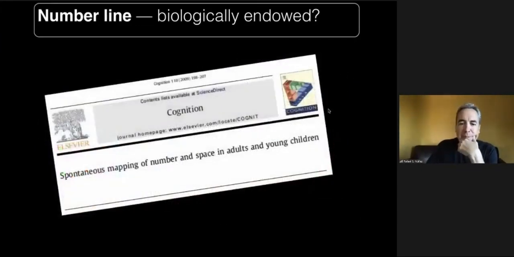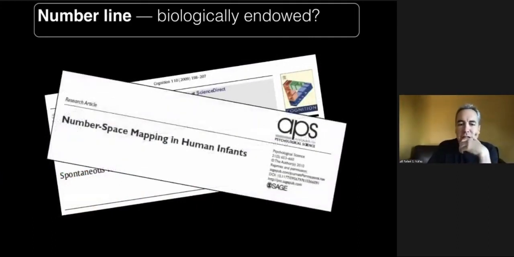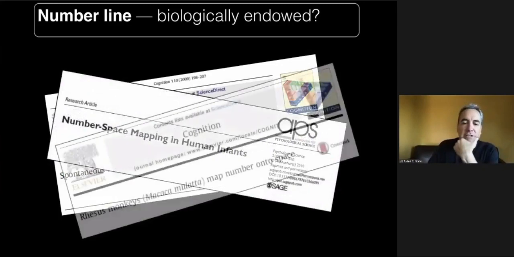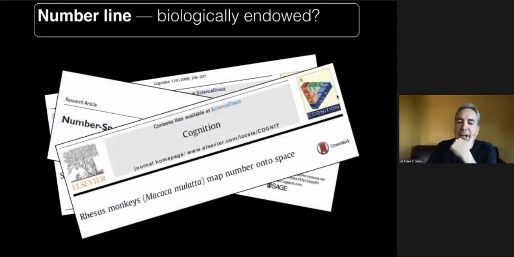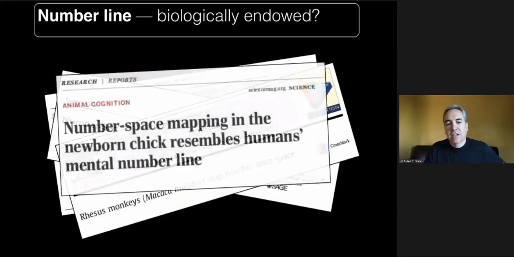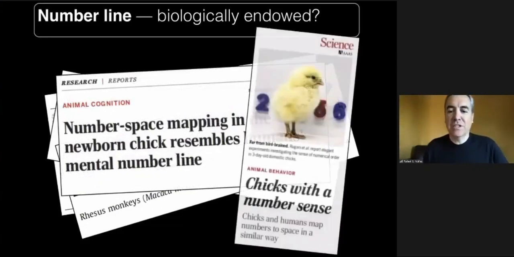And you see many papers talking about spontaneous mapping of number to space in children, in human infants, in rhesus monkeys, and even in newborn chicks, and then again the media, in this case science, picking up: chicks with the number sense, and chicks and humans map numbers to space in a similar way, and so on.